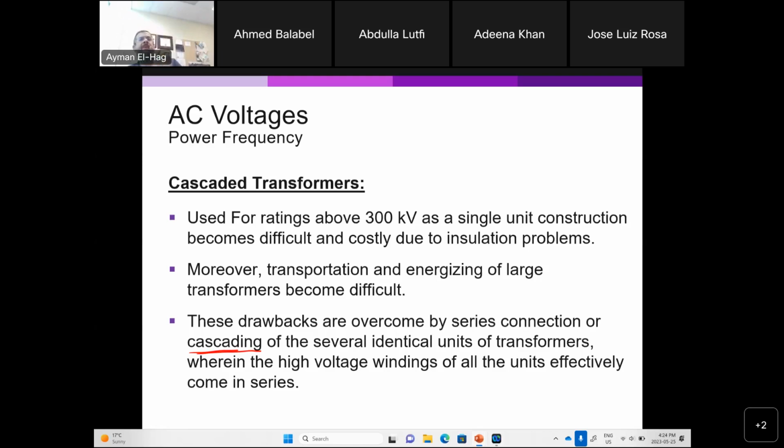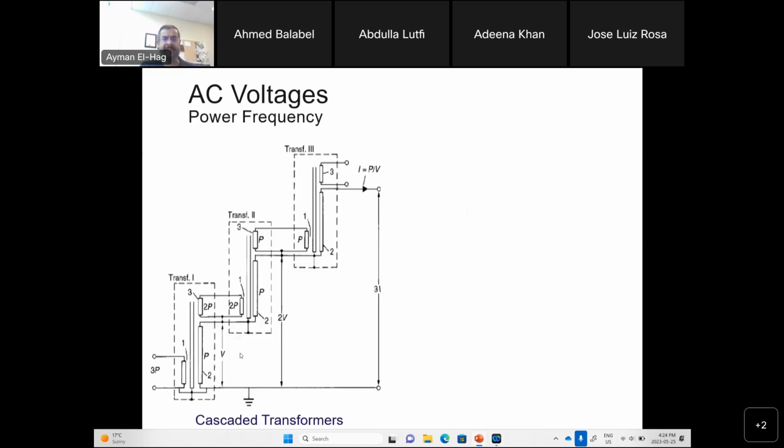So if one transformer provides 100 kilovolt, with 3 transformers you get 300 kilovolt. Or if each one supplies 200 kilovolt, with 3 of them you get 600 kilovolt. As we will see how this cascading works, this is 3 transformers cascaded together. In the next slide, we'll see physically how this looks.